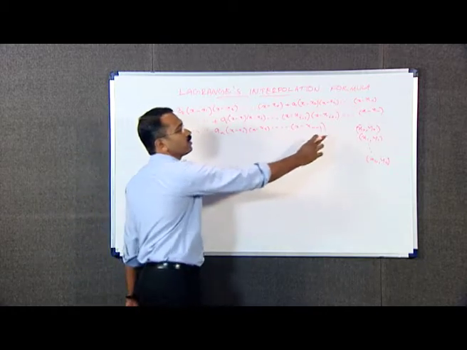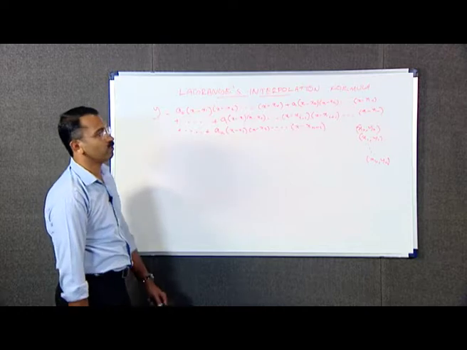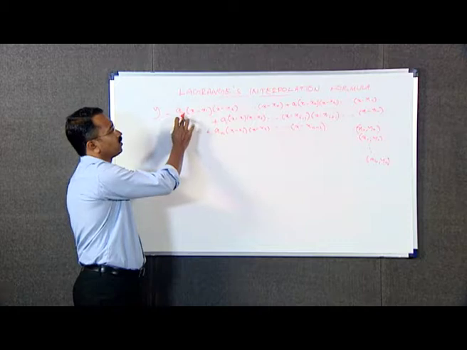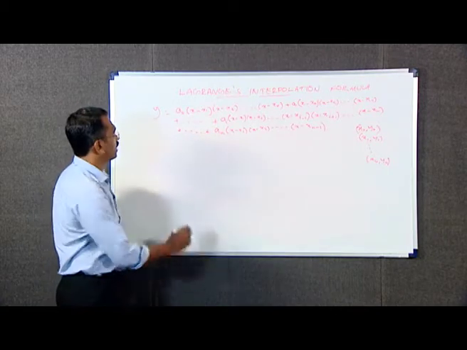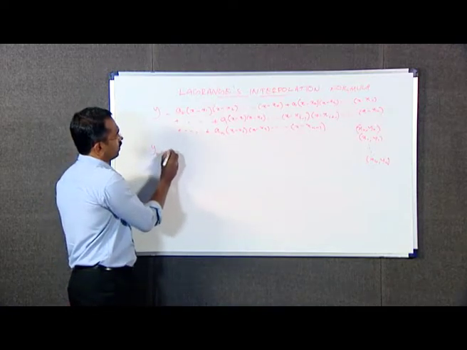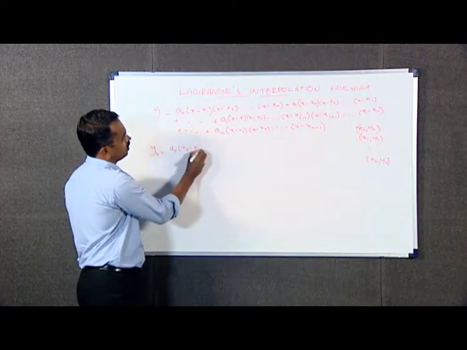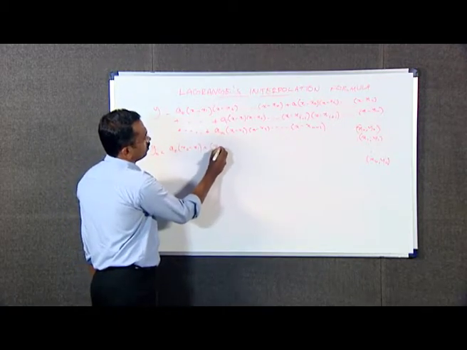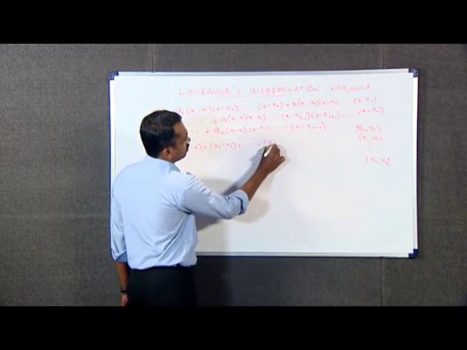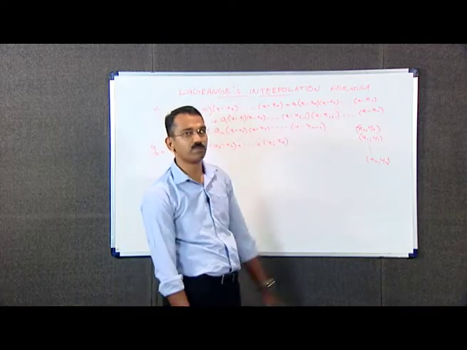Now, we substitute the first pair, that is for x equal to x0 and y equal to y0. We make the substitution, then we will get the constant a0, that is y0 is equal to a0 into (x0 minus x1)(x0 minus x2) etc. (x0 minus xn), and all the other terms will become 0.